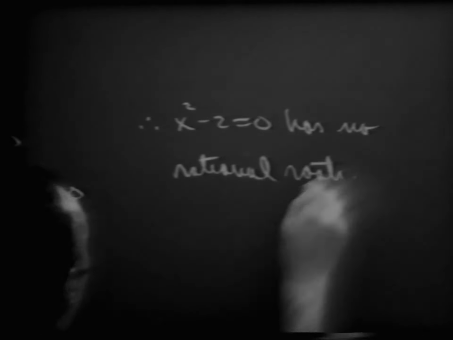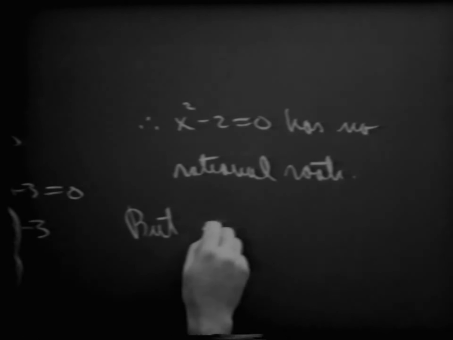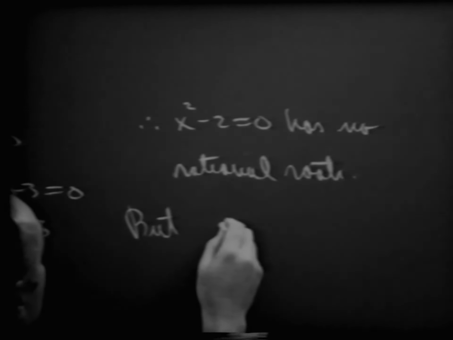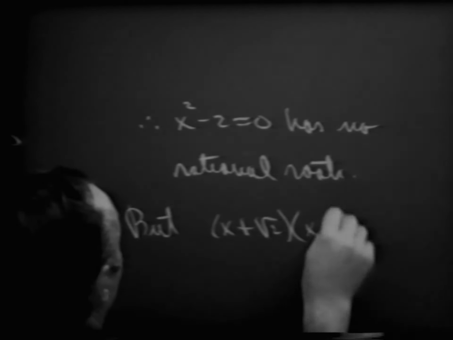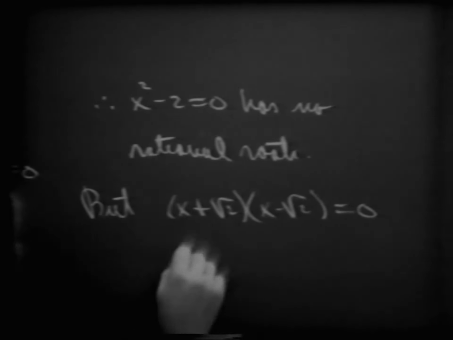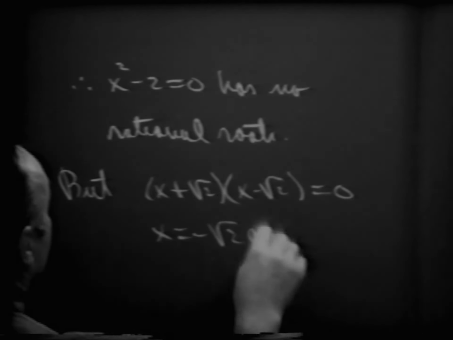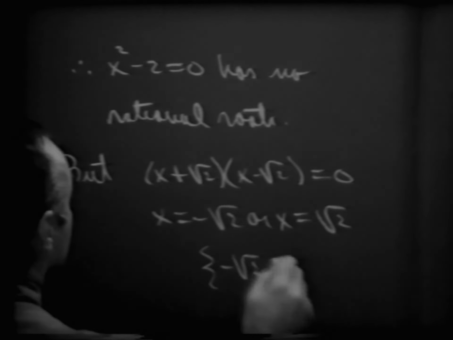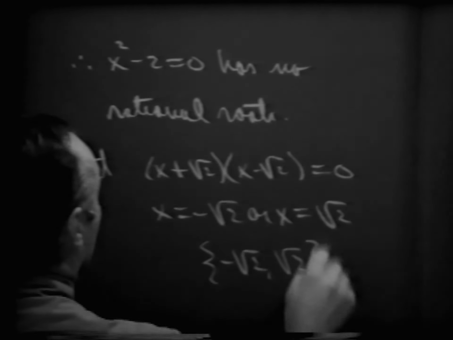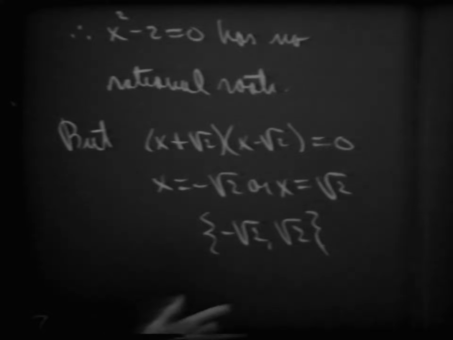But let's look at x squared minus 2 equals 0, and let's write it as x plus root 2 times an x minus root 2 is equal to 0. Therefore, x is negative root 2, or x is positive root 2, and I think you'll agree that our solution set is negative root 2, comma, positive root 2. Now what then is our conclusion?